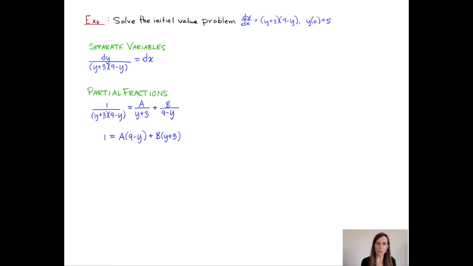So let's start with y equal to 9, because that will make the term with the A go to 0. At y equal to 9, we have 1 is equal to 0 plus B times 9 plus 3, which is 12. And solving for B, we get B as 1/12.